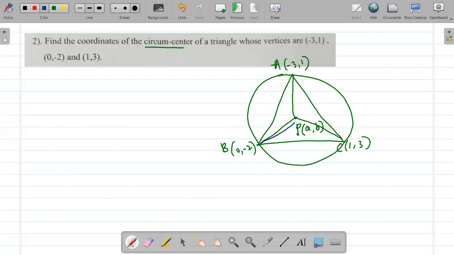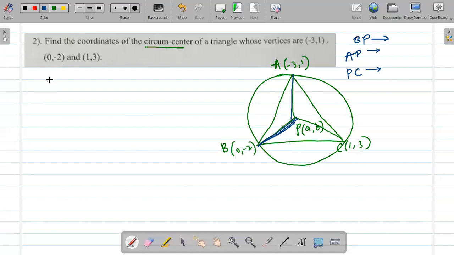We use the distance formula for the point P. First find out what BP is using the distance formula, then find AP again using the distance formula, and then find PC. So that gives you three equations in a and b. Equating any two of them, we get two linear equations in two variables, solving which we get the values of a and b.